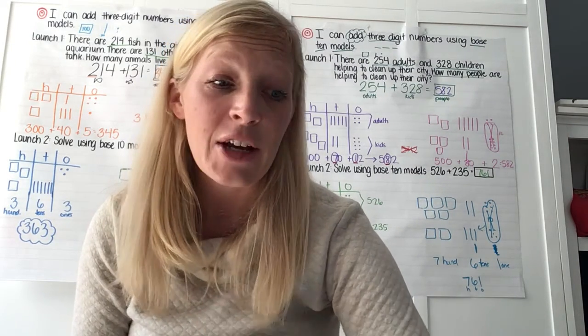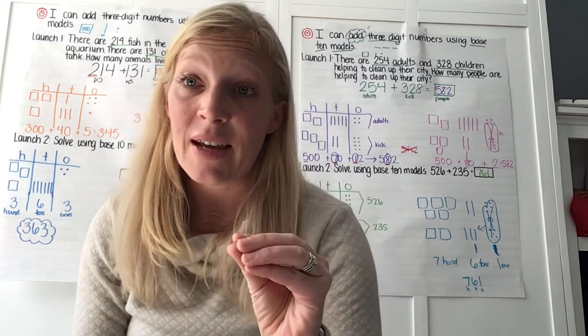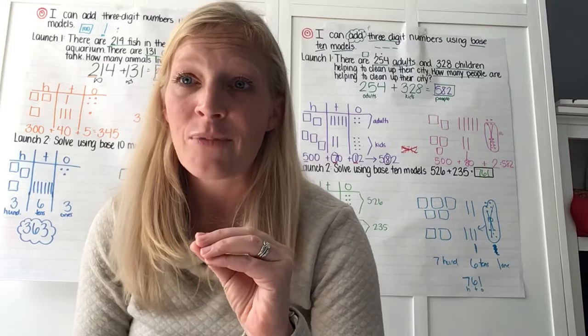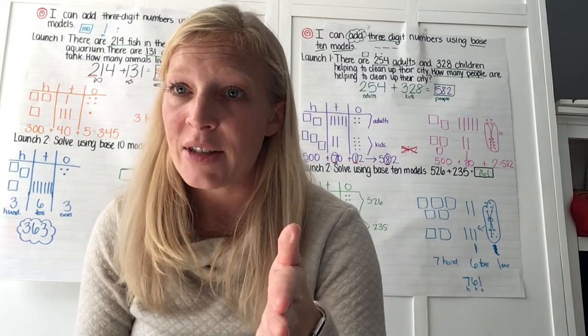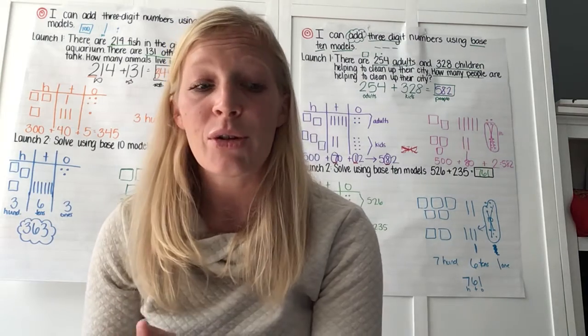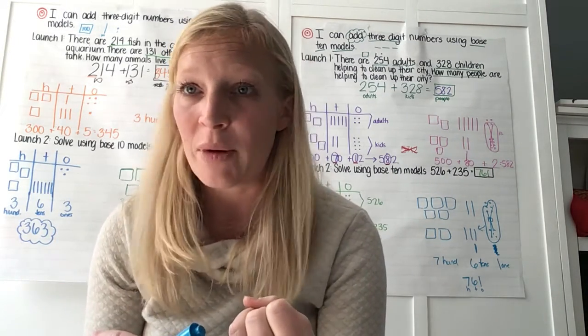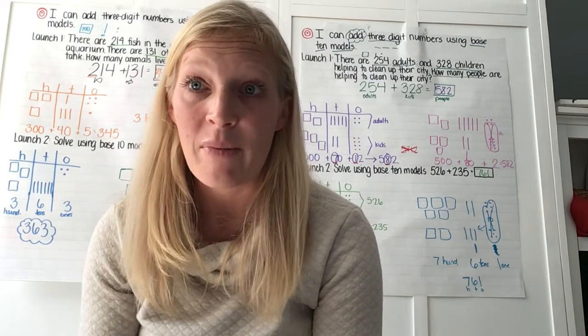Day 3, I go into adding our 3-digit numbers, but I do it with just base 10 blocks, and we are not regrouping. So you're going to see some of the same patterns that we did with adding 2-digit numbers with adding 3-digit numbers. For this week, you're going to see starting out no regrouping, base 10, and then regrouping with base 10.